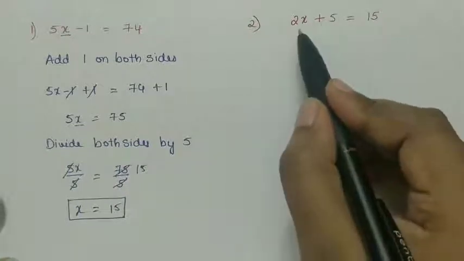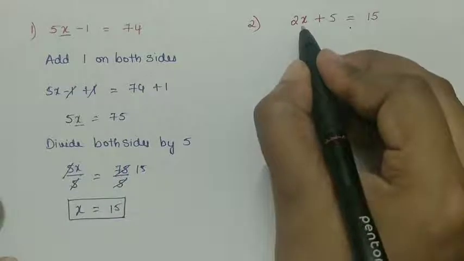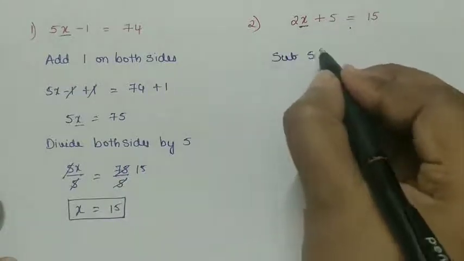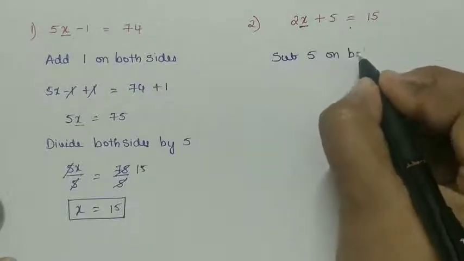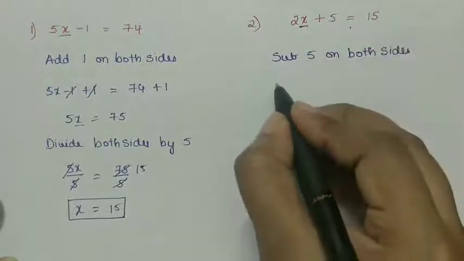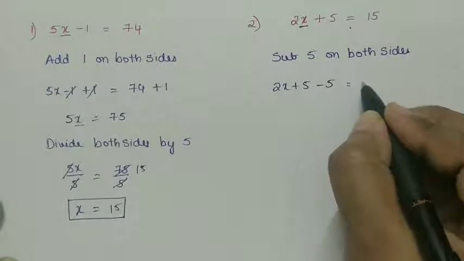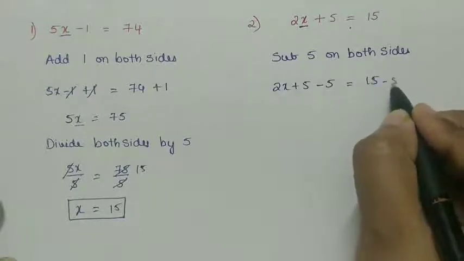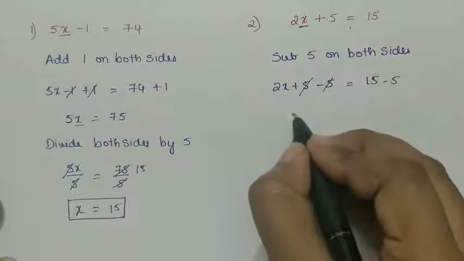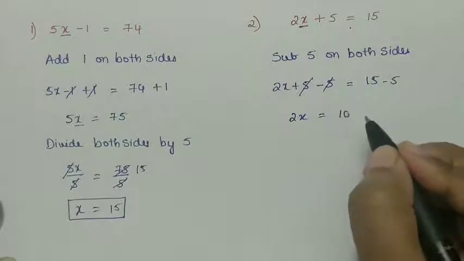Second one, solve 2x plus 5 equal to 15. We need to get the value of x. Therefore, subtract 5 on both sides. 2x plus 5 minus 5 equal to 15 minus 5. 5 minus 5, 0. Therefore, 2x equal to 15 minus 5 is 10.